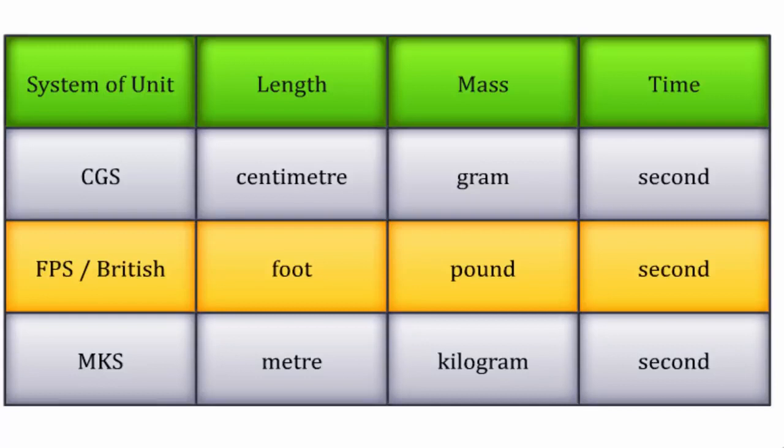These units are adopted by Britain, and hence the system is referred to as a British system. The third system of units is the MKS system, which stands for meter, kilogram, and second.